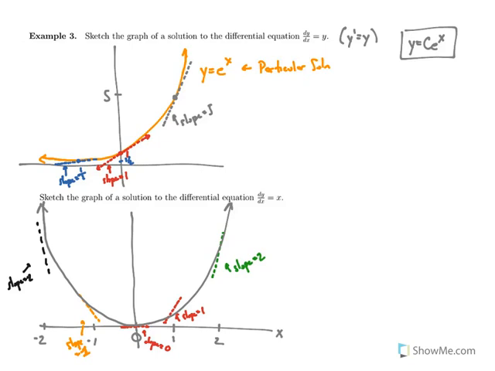It's a rough sketch, but it's going to look like a parabola. And we do know that if we take the antiderivative of x, we get 1/2 x squared plus c. If you start with the function, you can see how that would work: the slopes start really negative, they go to 0, and they get positive.